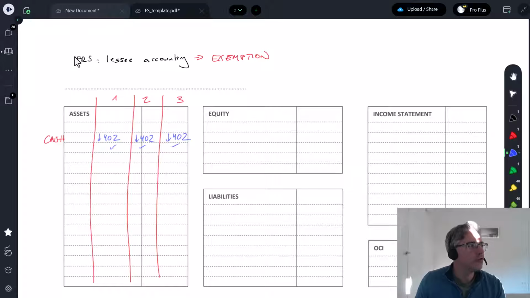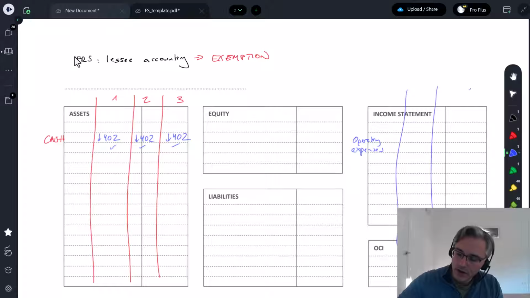If they were not linear, in the sense in some periods you would pay more, in some periods you would pay less, you would have to compute the average per year, and on a straight line basis you would recognize under operating expenses the relevant portion of that total payment.